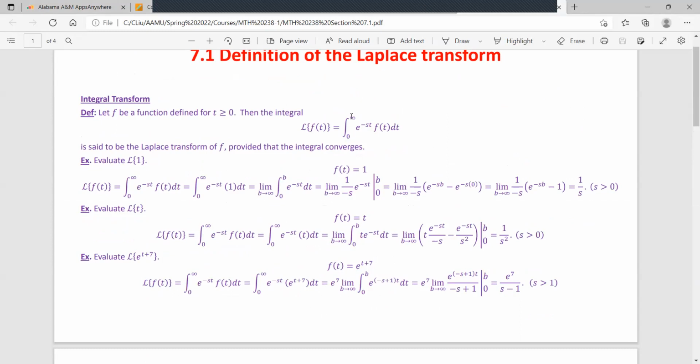So we obtain a function of s for the Laplace transform of this function f. And this is the notation for this Laplace transform, script L bracket f of t. That means the Laplace transform of this function f.